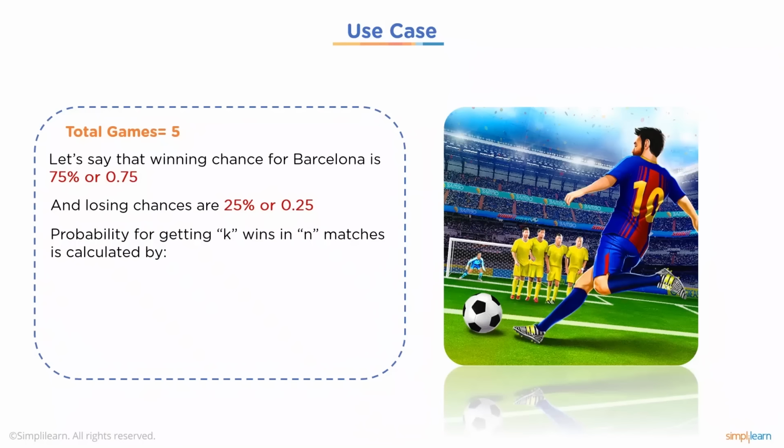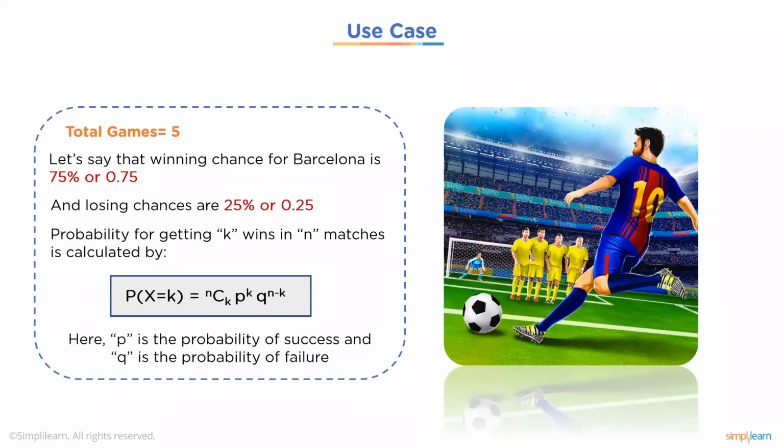The probability of getting K wins in N matches is calculated. If you have 5 games, you want to know how many wins in those 5 games you should get, and what the percentage on those is. The probability of getting K wins in N matches is calculated by P(X = K) = NCK times P to the K times Q to the N minus K. Here, P is the probability of success and Q is the probability of failure.